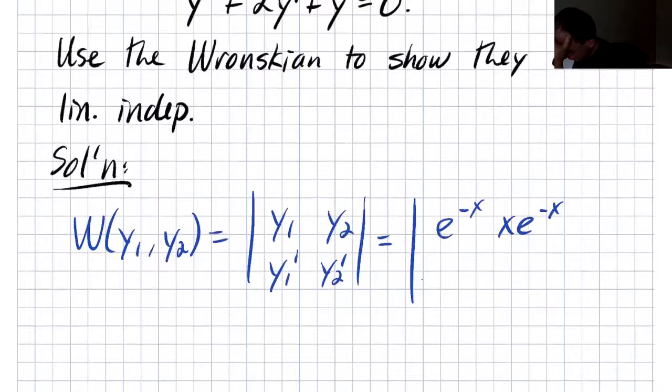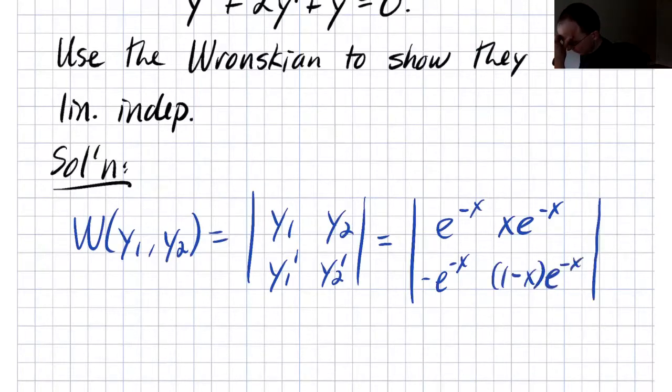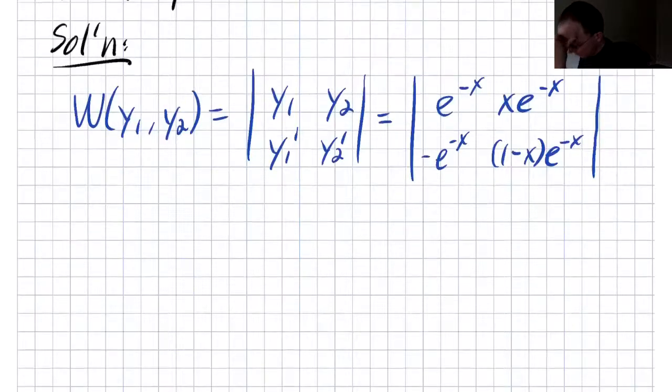The derivative of the second one is (1 minus x) e to the negative x. We already saw this earlier in the lecture. I just simplified it because I don't have a lot of room here.